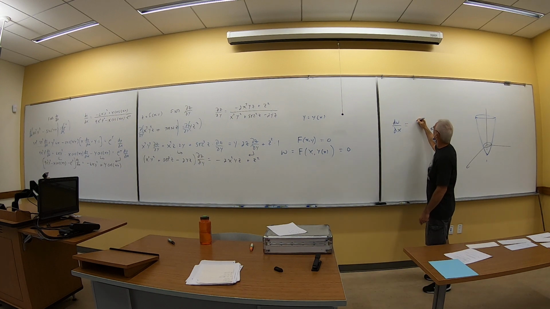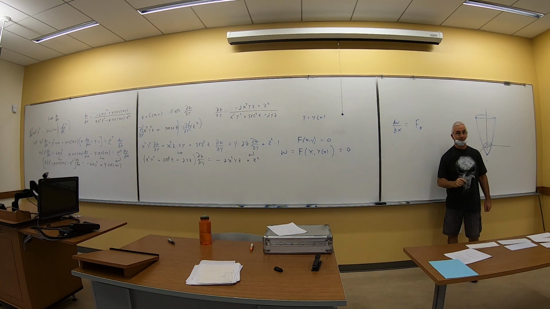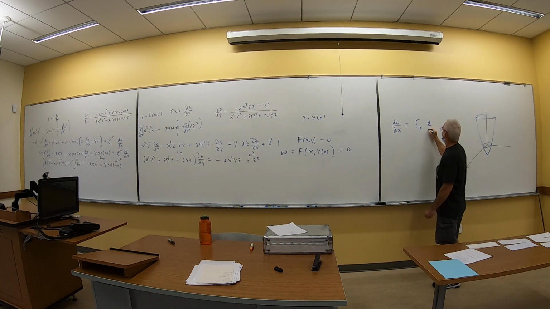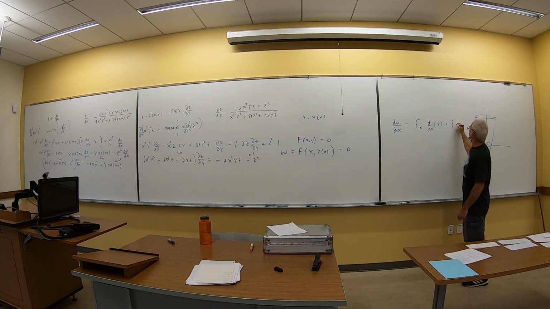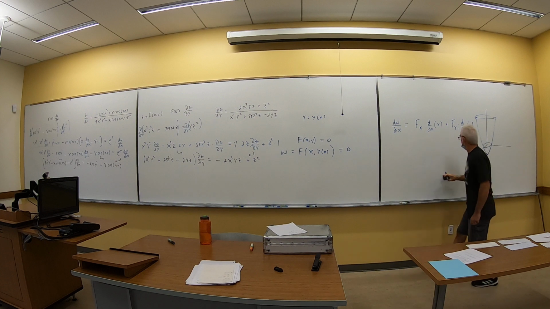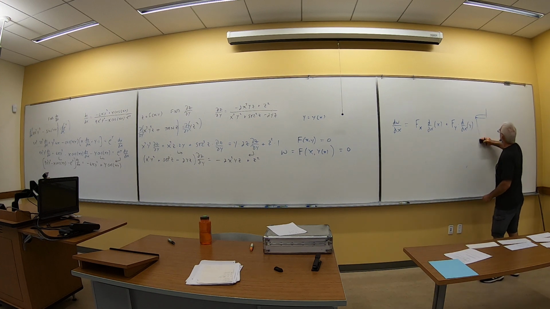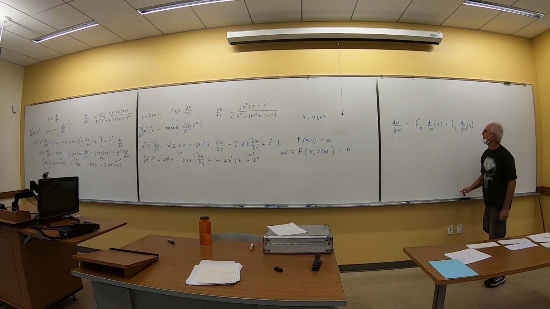So that will be the partial of f with respect to x, times d dx of x. That's kind of redundant. That's 1. Plus the partial of f with respect to y times d dx of y. Just using formal notation here. All right?